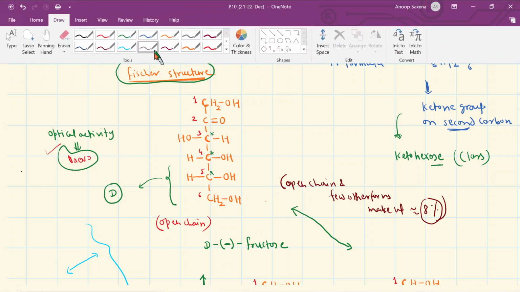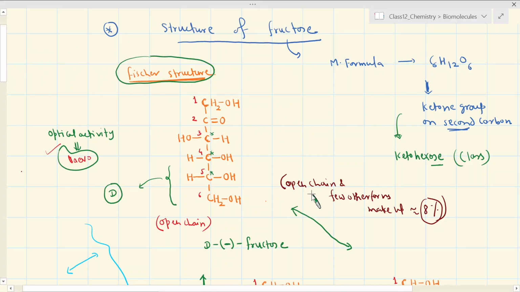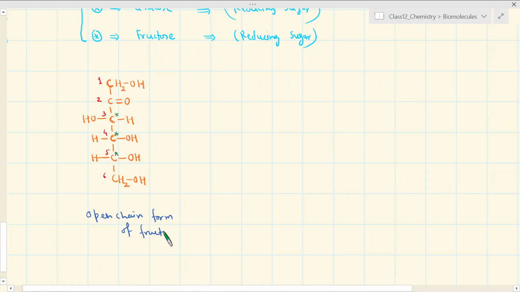Well, as I said here, the open chain form has a few more forms. Let's highlight only this part and not worry about the remaining part, because nothing much will change, but this part undergoes some kind of equilibrium and forms a new, different form.